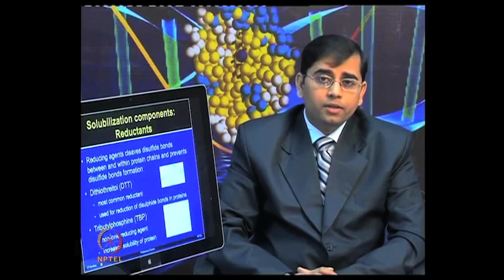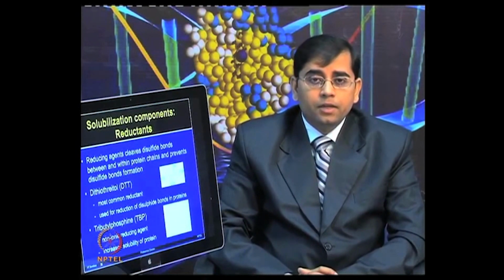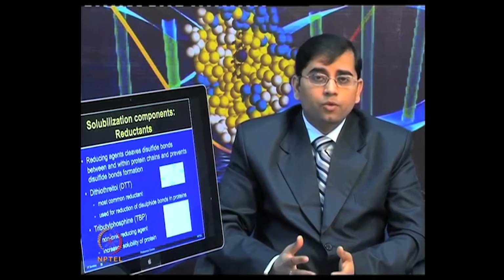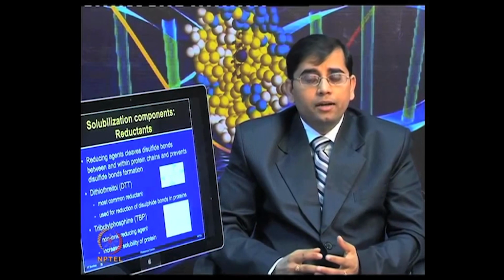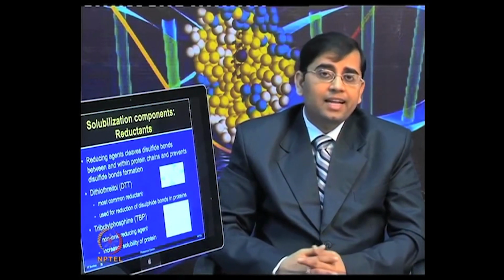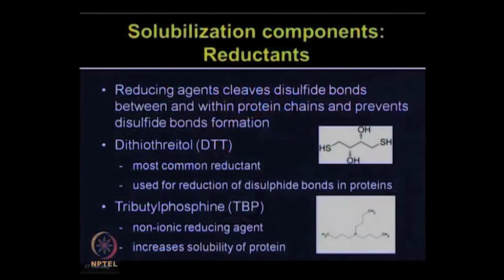Now, let us talk about reductants. In solubilization, reducing agents cleave the disulfide bonds present between and within the protein chains, and prevent disulfide bond formation. The most commonly used reductants are dithiothreitol, DTT, or beta mercaptoethanol.